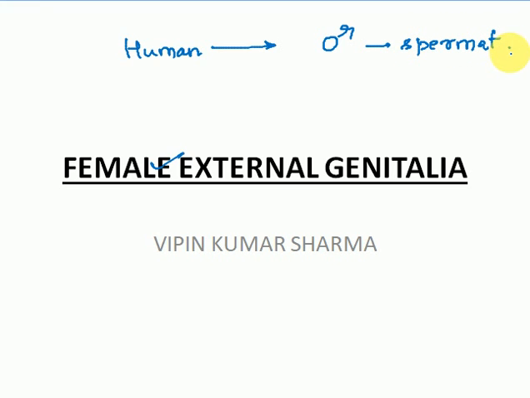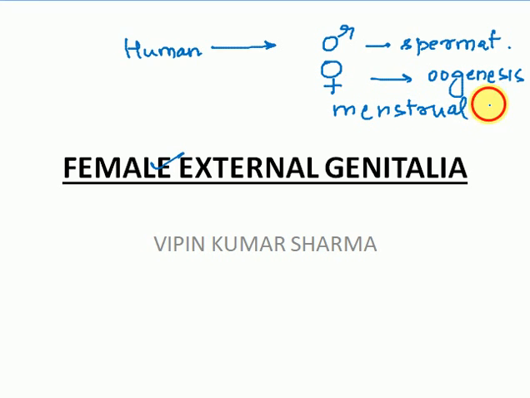After that, we are going to complete the female reproductive system in this topic. We have already done the oogenesis topic. After that, we are done with the menstrual cycle. So these are the topics that we have already done in this particular chapter. So we are going to deal with the external genitalia of the female reproductive system.